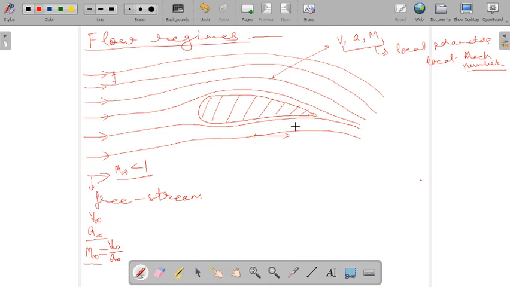Will it be less than 1 everywhere? If I consider my free stream Mach number as less than 1, then will I be finding Mach number over the complete aerofoil structure always less than 1? Will it be always less than 1?